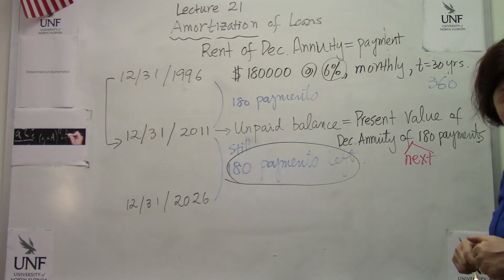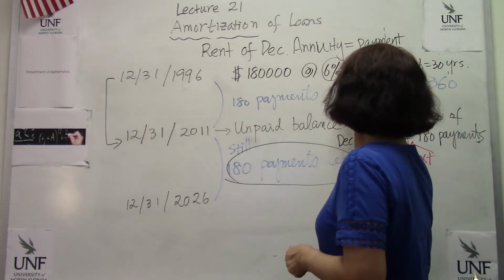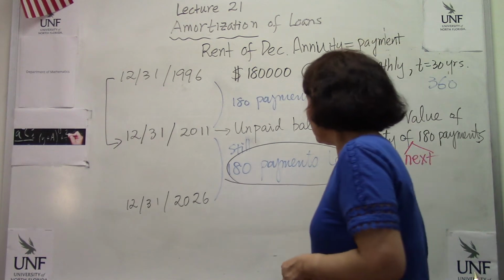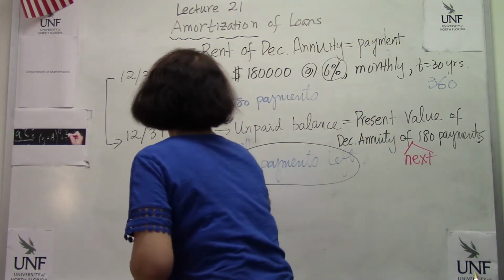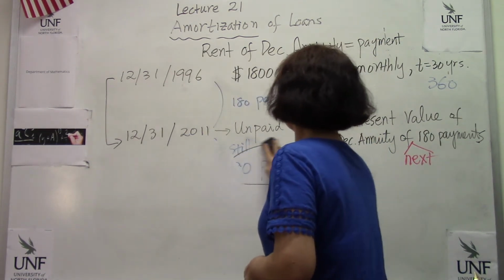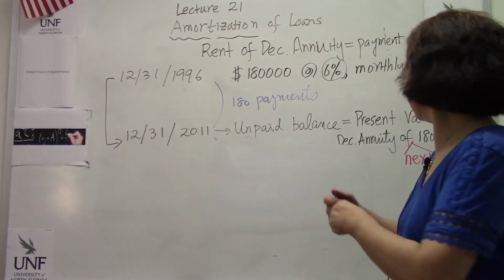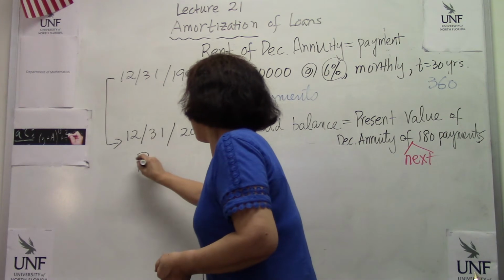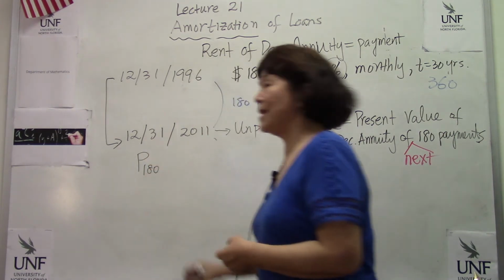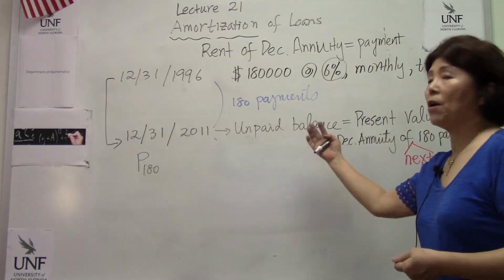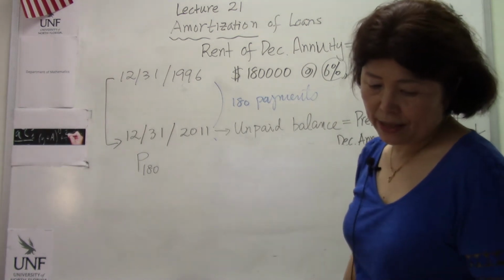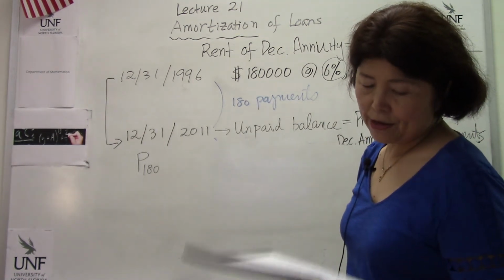180 payments. Okay? So, we know that one monthly payment is, so let's compute. So I'm going to call this one present value of 180. So that is for 180 payments, okay? Still, there are many P's, so what are you going to do?